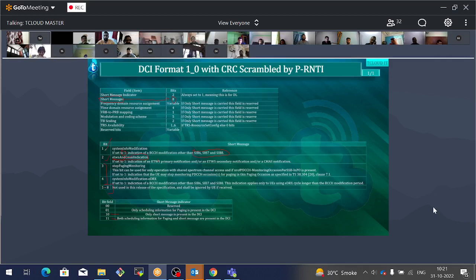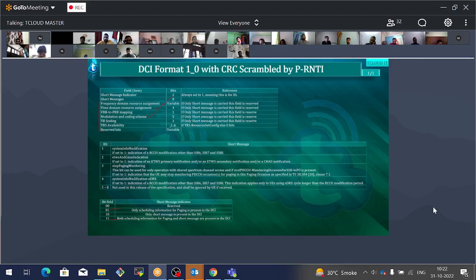Okay. So if the first 2 bits are set, the network is telling you with these 8 bits that, hey, you have got a system information modification. Please download the fresh system information. But if the value is set to 0, 1 or 1, 1, in these cases, additional details would also be present, where frequency domain resources, time domain resources, modulation and coding scheme and additional details like that will be available.